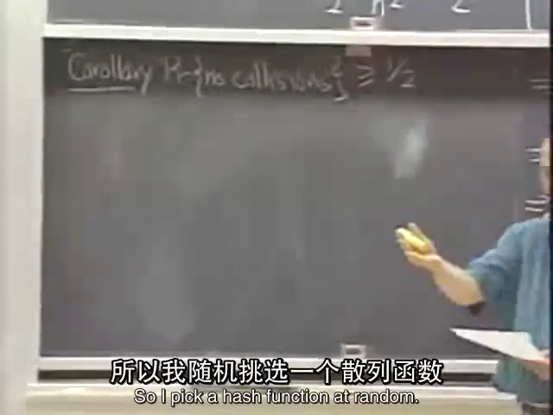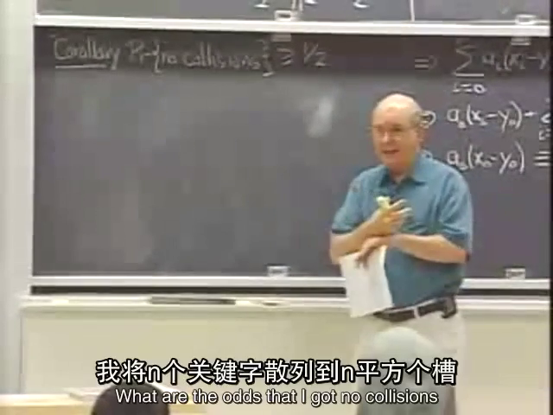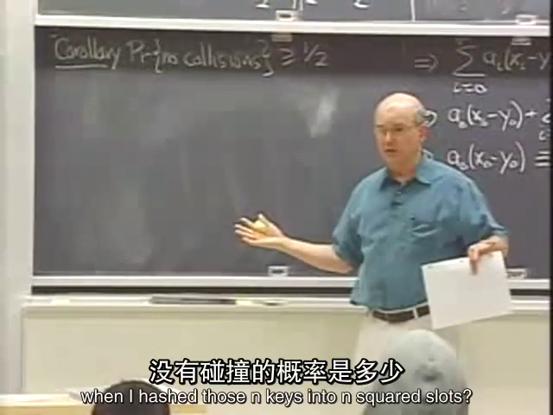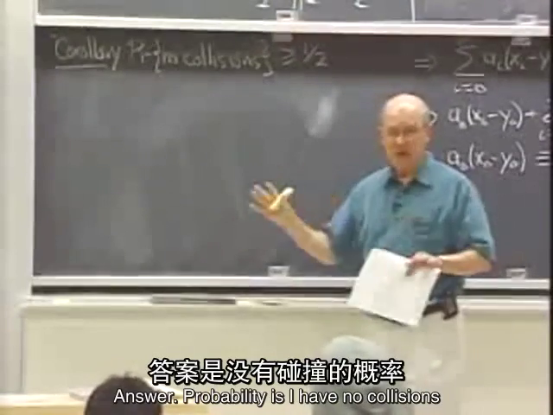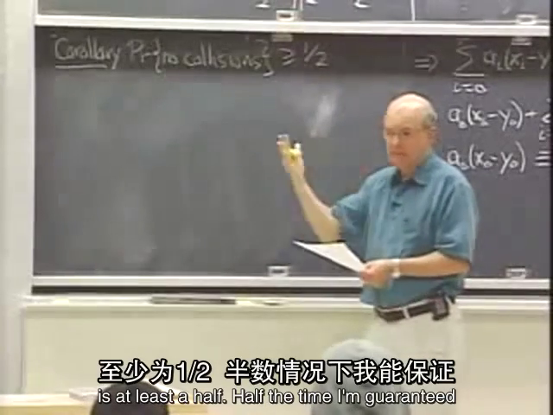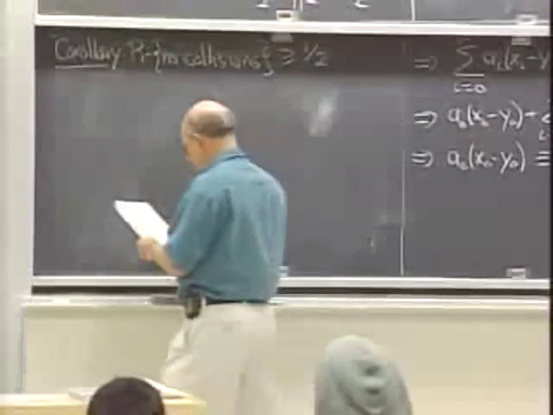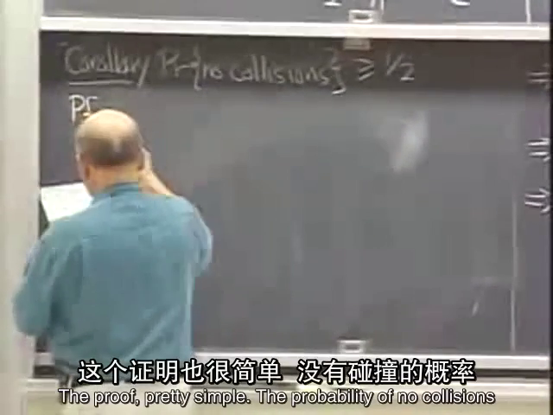So I pick a hash function at random. What are the odds that I got no collisions when I hashed those n keys into n squared slots? Answer: the probability that I have no collisions is at least a half. Half the time I'm guaranteed that there won't be a collision. And the proof is pretty simple.